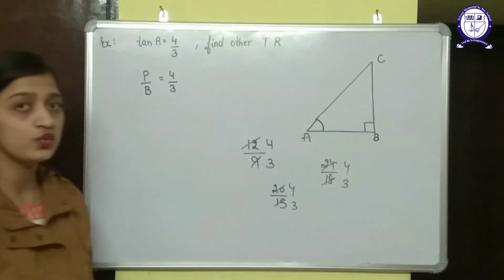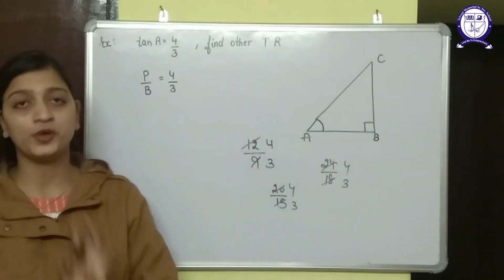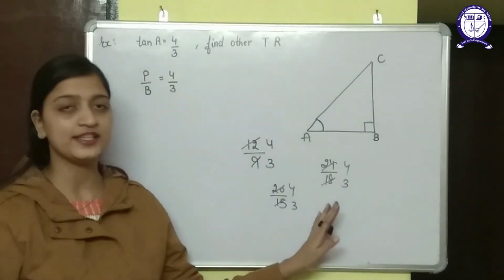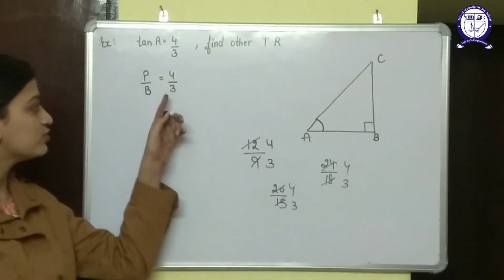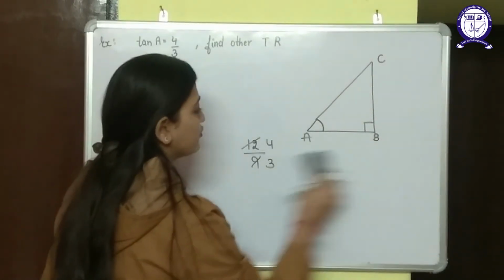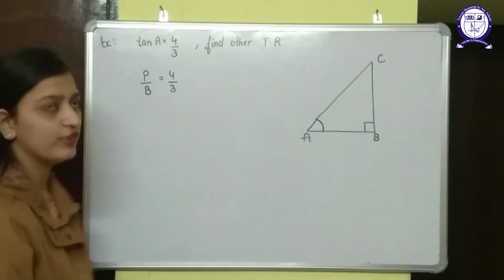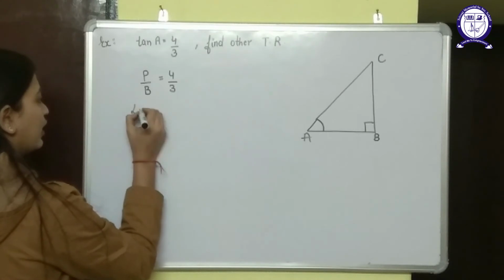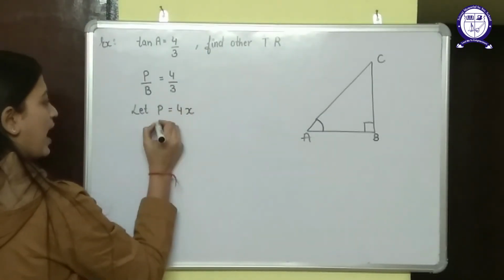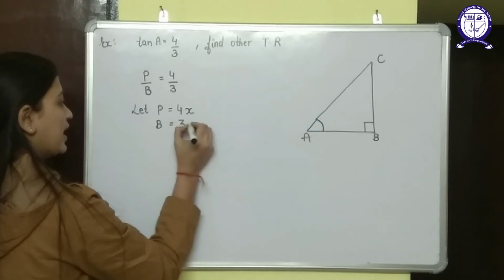So I don't know the exact values of perpendicular and base, but we know that after changing it into the simplest form, this will be the form. So instead of taking P as 4 and base as 3, we will take P as 4x and base as 3x.